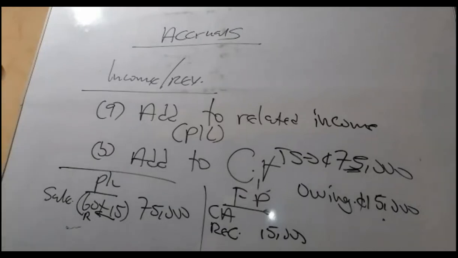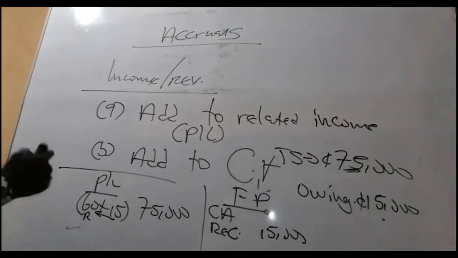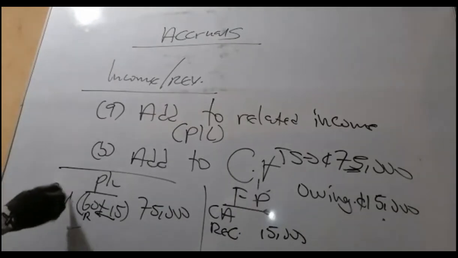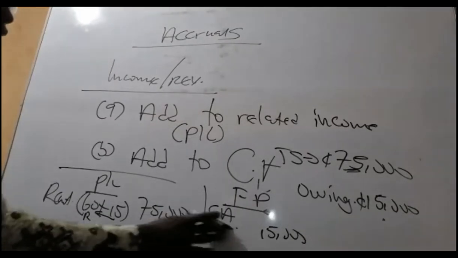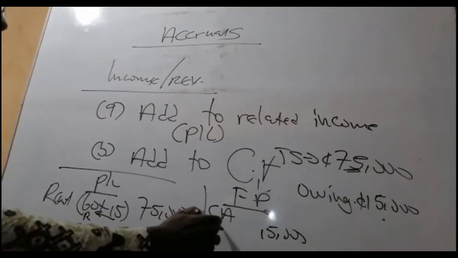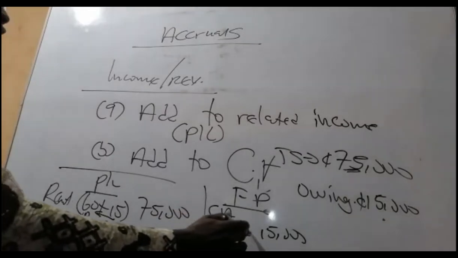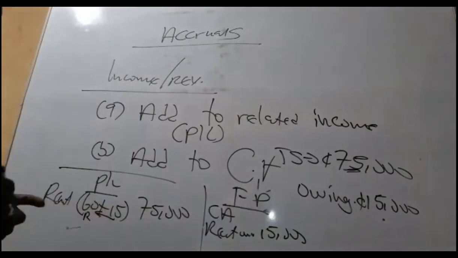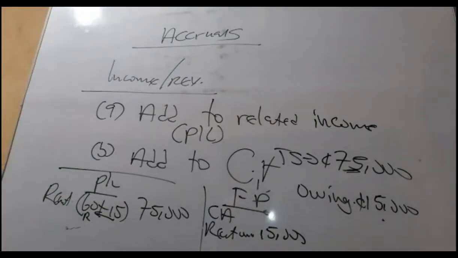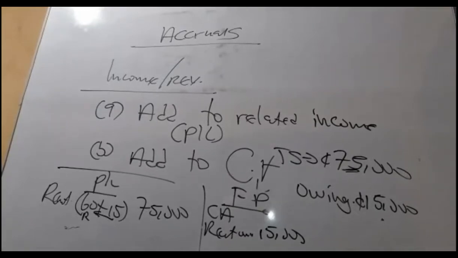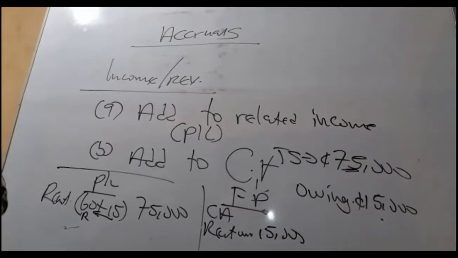What if it's rent? If it's rent, we just change the name to rent. Rent owing. Yeah, done. So income that is not received is an asset to you, or a current asset to you. Good. We are done for the first section.